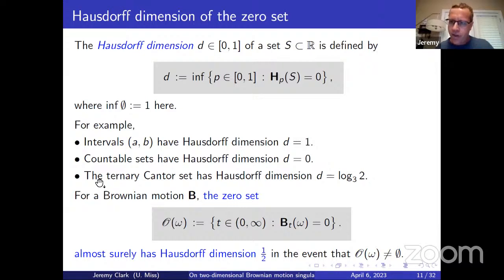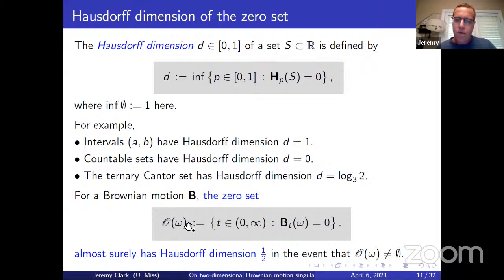This is a theorem. Now for a Brownian motion, how big is the 0 set, that is, the set of times at which the Brownian motion hits 0? A textbook theorem is that it almost surely has Hausdorff dimension 1/2.